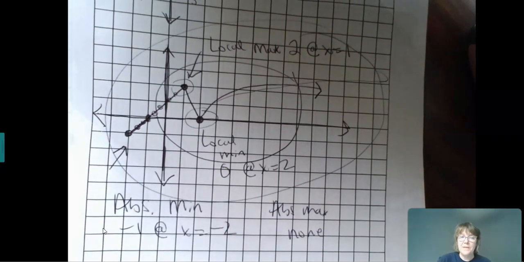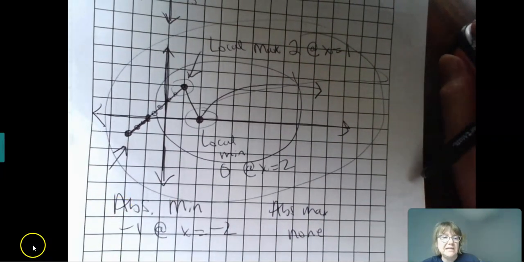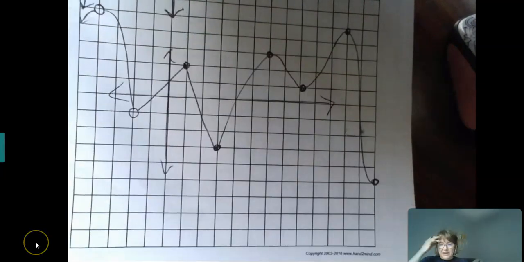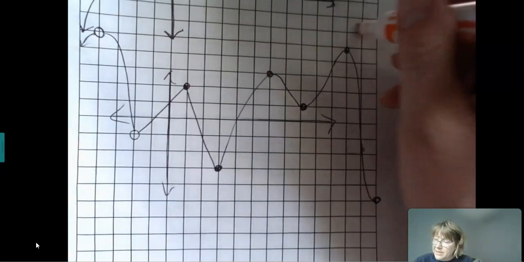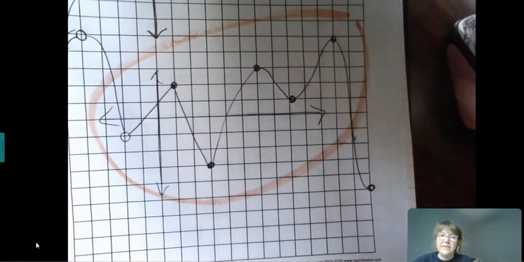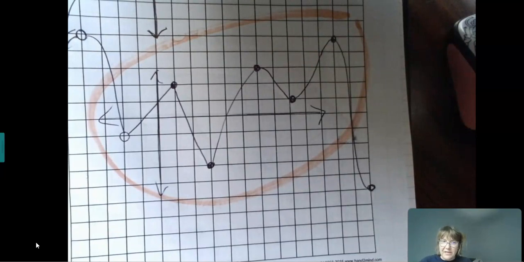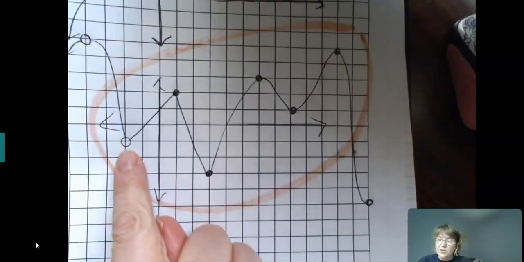All right, I'm going to pause it again and try to draw a graph of some other weird situations. Say you have a situation like this, which again, we have some holes here, so that is a problem. In the middle, I'm going to circle the middle right there. That is where you can find locals. This is a hole.